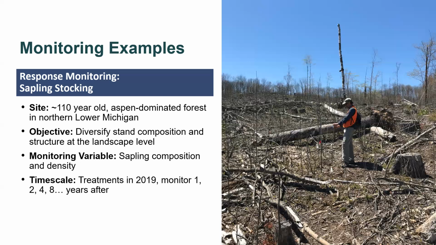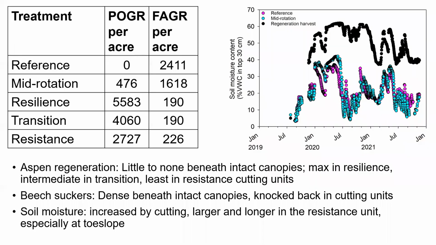So I'll share with you a few results for that. This table here shows 5 different conditions. Reference is just an unmanipulated 110-year-old aspen-dominated forest. This is the control that we compare to in this study. Mid-rotation, this is data collected in a number of approximately 40-year-old mid-rotation past aspen birch clear cuts.